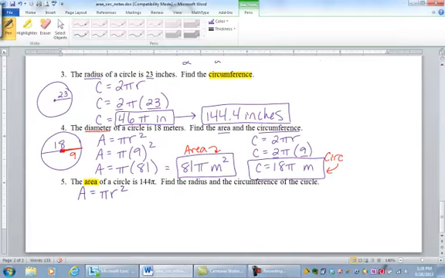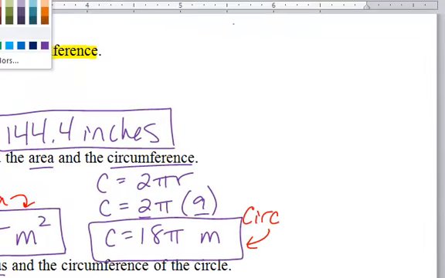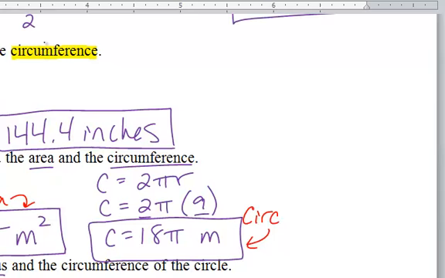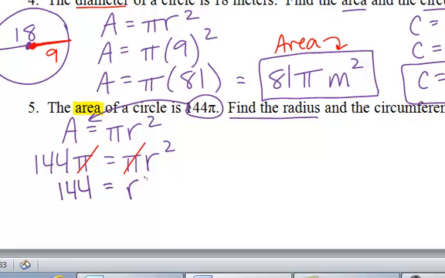It's telling me that the area is 144, so that's what's going to go in for my A. 144 pi equals, I don't know what the radius is, that's what I'm trying to find first. So I'm just going to use pi r squared. And remember what happens with the pi's, they cancel on each side. And now my equation is 144 equals r squared.